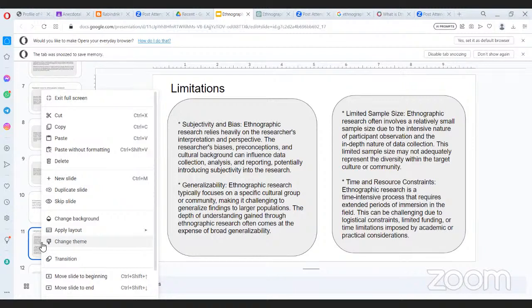The correct approach will be to understand the real reason for responding to the survey questionnaire. So it is better to visit the locality. It is better to interview that person face to face, so that you can interpret the data properly.